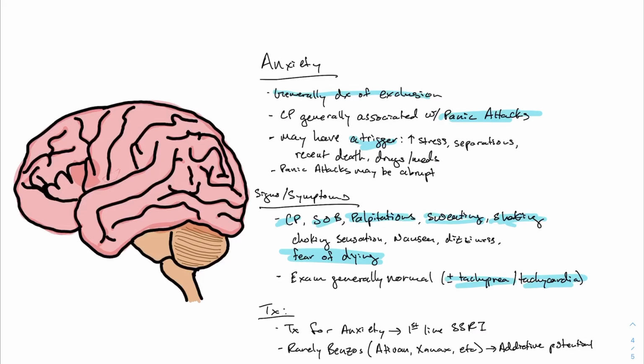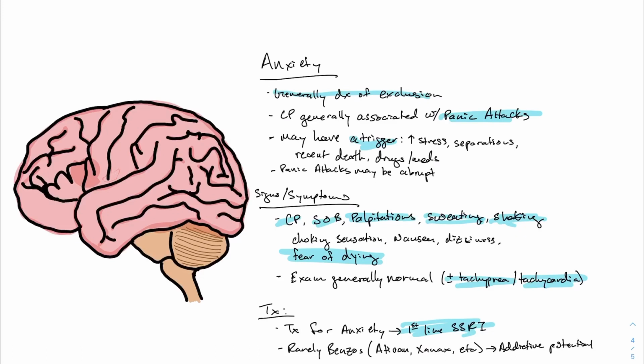And so the treatment is going to be the treatment for anxiety. Panic attacks are a little bit different, but for anxiety, we really want to move away from quick fixes, because anxiety in general is a long-term thing, and a lot of the quick fix anxiety medications are very addictive. So for anxiety, the first line is typically an SSRI. It's an antidepressant that works for anxiety as well.